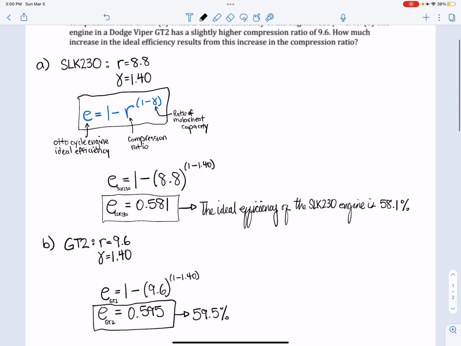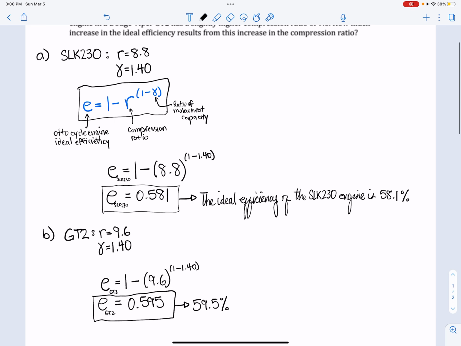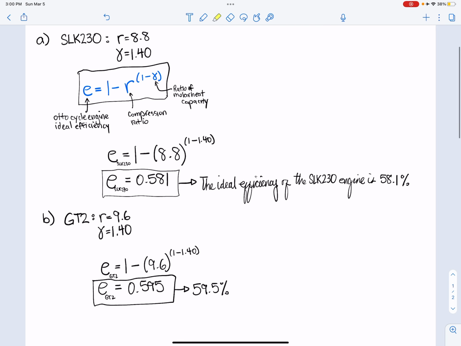The problem wants us to compare how much is the increase in ideal efficiency resulting from the increase in the compression ratio. So we increase the compression ratio from 8.8 to 9.6, and we see that we have an increase in ideal efficiency.